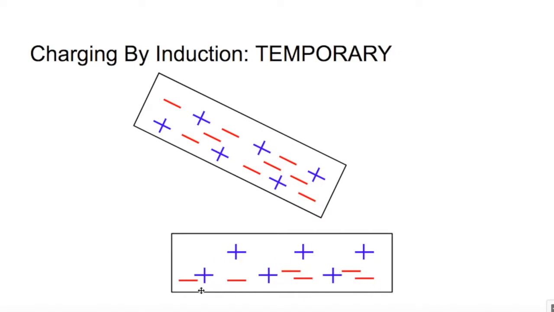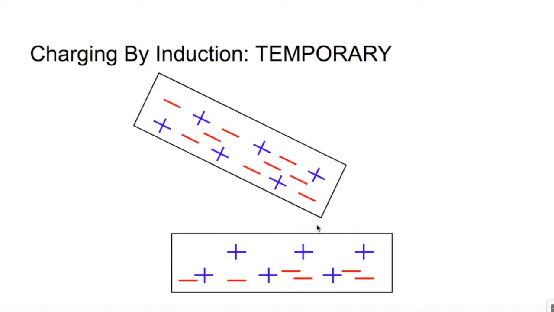This is actually kind of negative-ish on the side of the object that's furthest away from the negatively charged object. On this side, the only things that are left are these positive charges. So this has kind of a positive side to it.